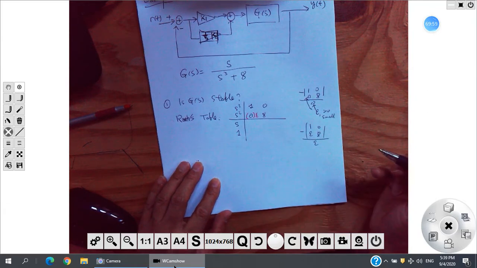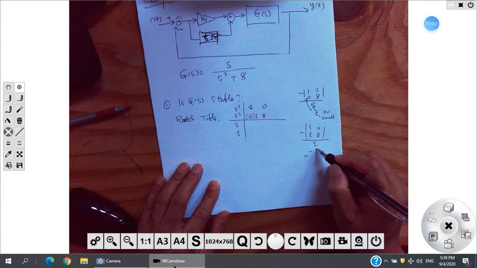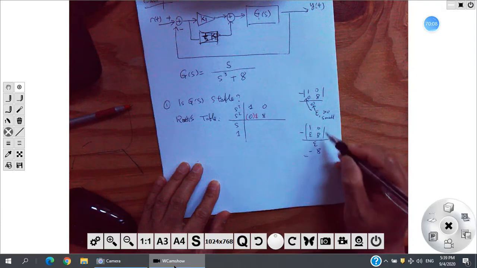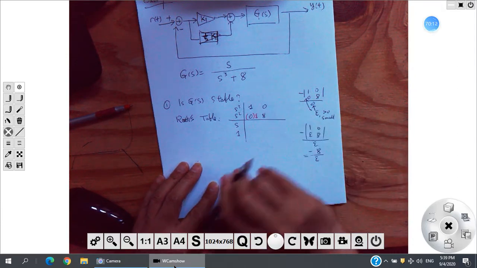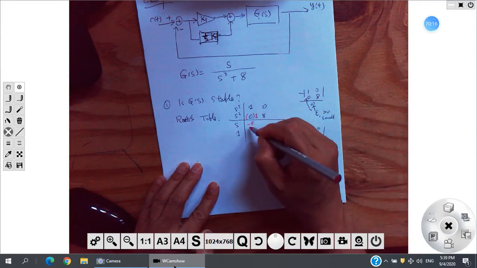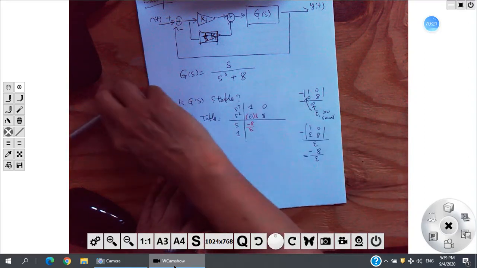Then this one will be negative 1 times 8 minus 0, right? So just like this, and divide by epsilon. So here is negative 8 over epsilon. Alright, we're done actually.